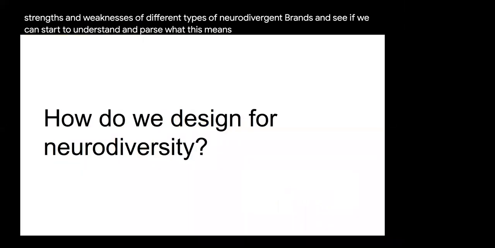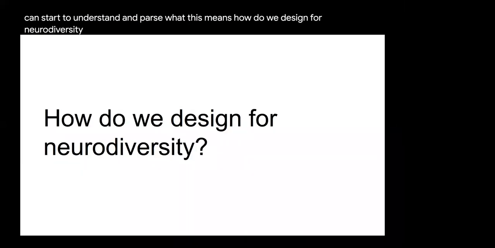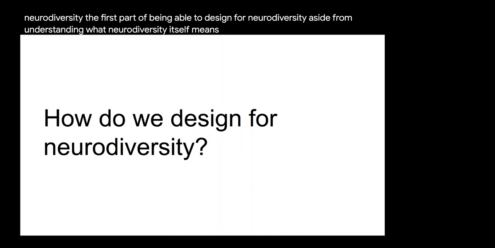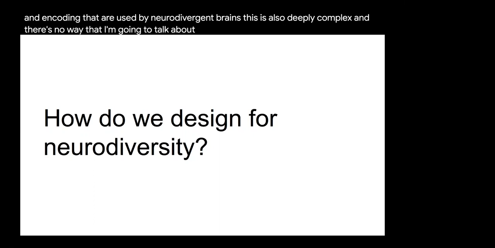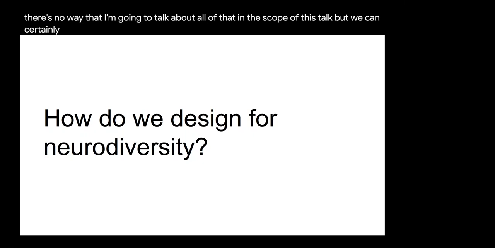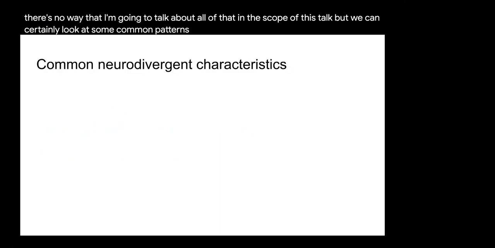How do we design for neurodiversity? The first part of being able to design for neurodiversity, aside from understanding what neurodiversity itself means, is to understand the ways of decoding and encoding that are used by neurodivergent brains. This is also deeply complex, and there's no way that I'm going to talk about all of that in the scope of this talk, but we can certainly look at some common patterns.